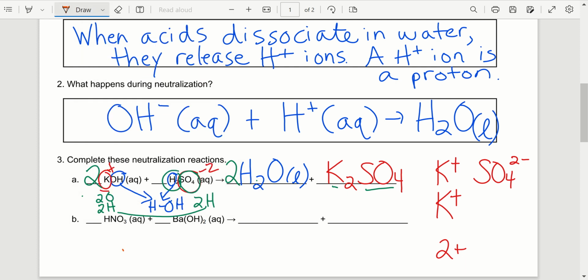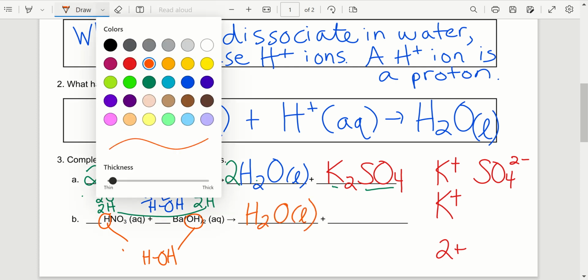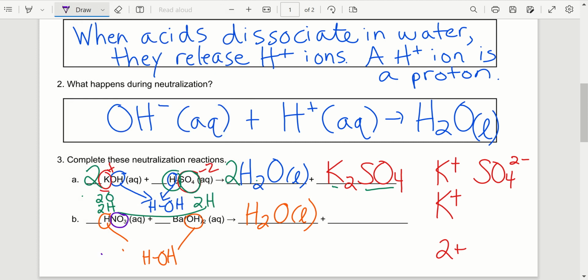All right, so let's look at the next one. Ready? The H from here and the OH from here make HOH, which is water, because an acid and a base combine to make water and a salt. So what salt? Well, let's find out. We have NO3 and Ba. I need charges, okay?